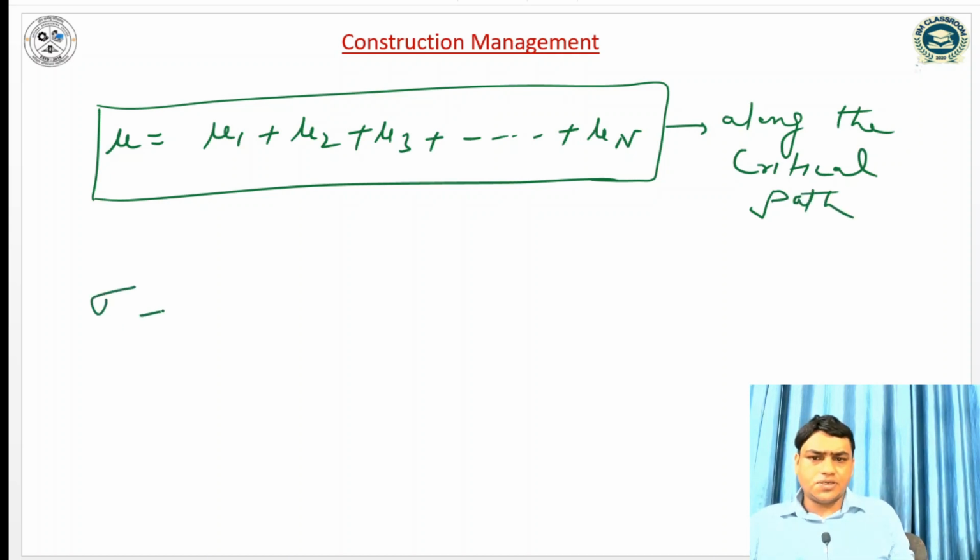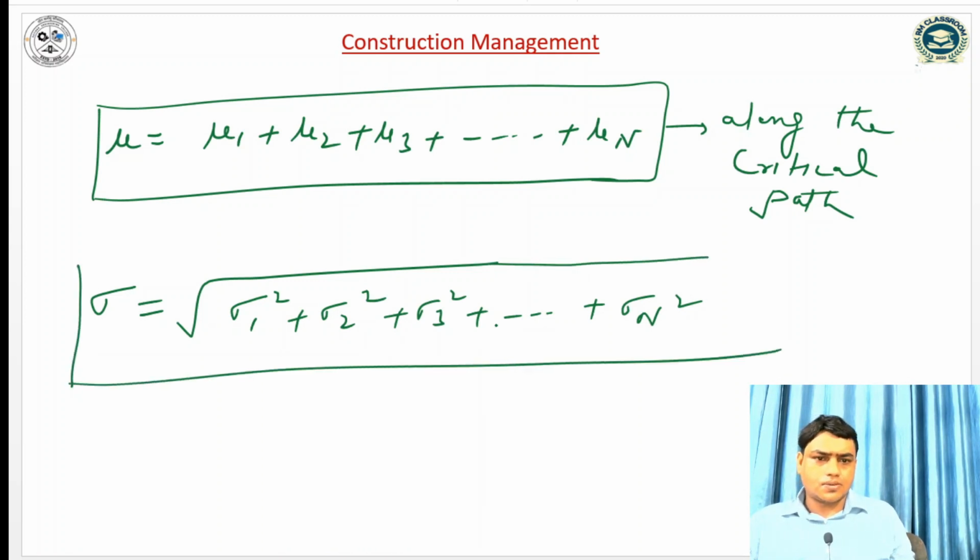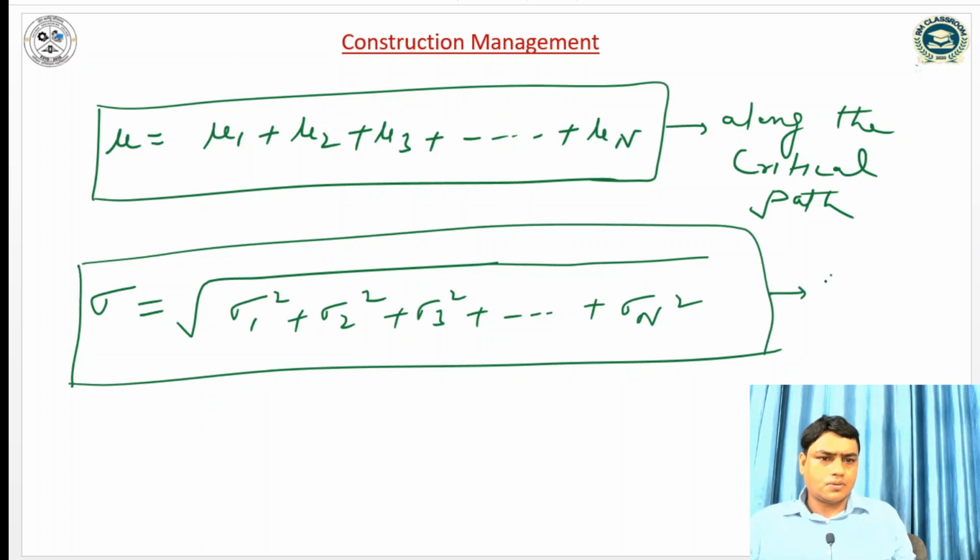Similarly, the standard deviation can be written as sigma 1 square plus sigma 2 square plus sigma 3 square plus so on and so forth, sigma n square along the critical path.